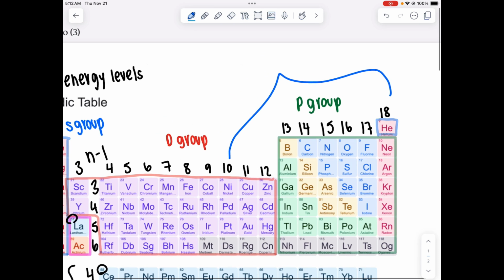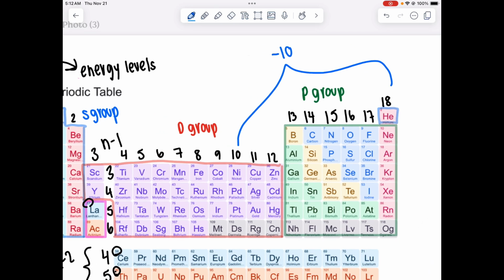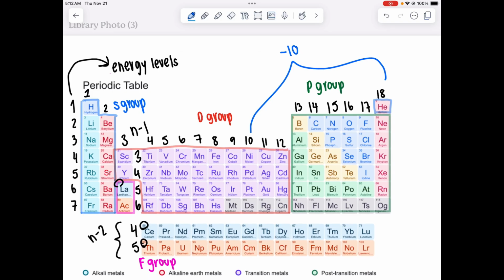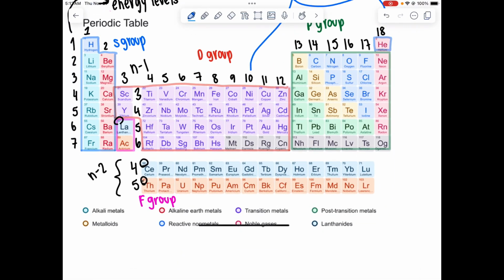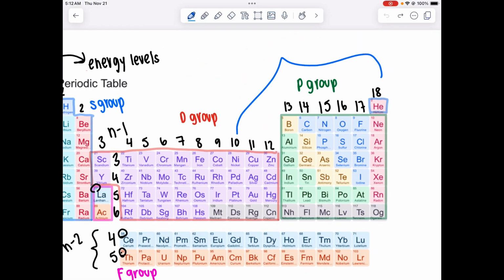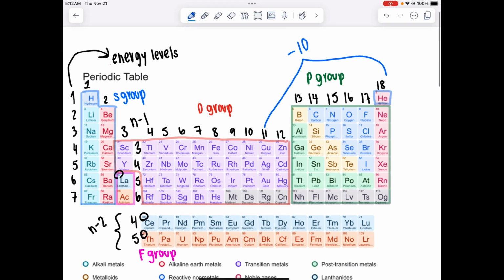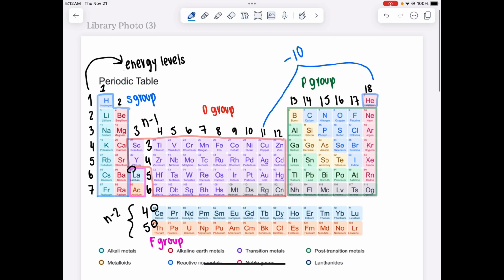That's when I'm finding valence electrons for the columns. Wait, no, it doesn't start from 10, it starts from 11. Minus 10. That's how you find out valence electrons.